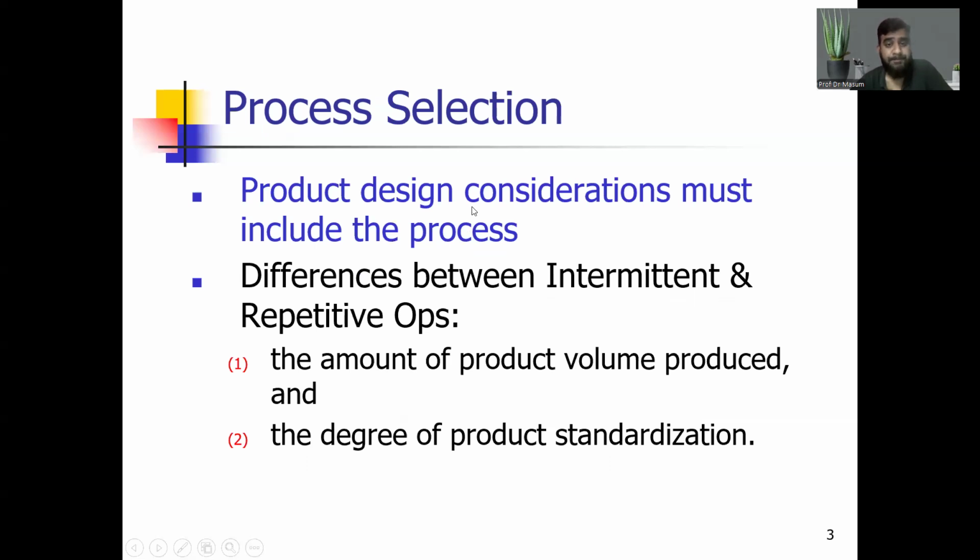That is important, because our chapter title is product design and process selection. Differences between intermittent and repetitive operations are the amount of product volume produced and the degree of product standardization. When you are producing a low amount of product, you are using intermittent process. When you are producing a high volume of standard product, you are using repetitive process.